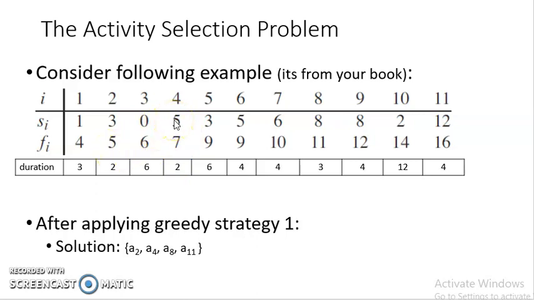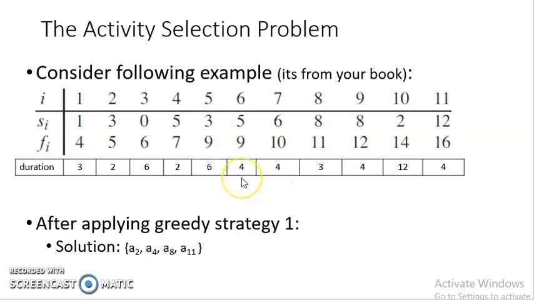So you can schedule now A4. And after that, we have this option of activity A1, but you cannot schedule it because it overlaps with A2, and you have A8. So you can schedule A8 because it starts after A4 has finished. So you schedule A8 then.